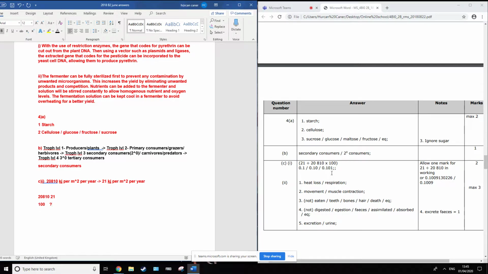So you multiply these two and you divide it by the number here. So if you multiply by 100.